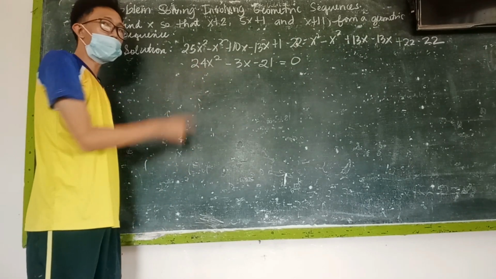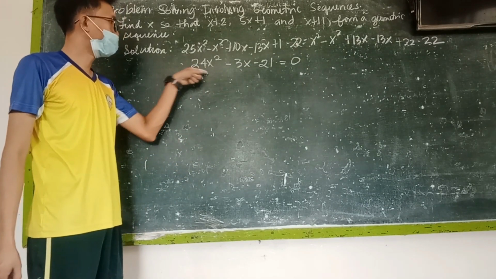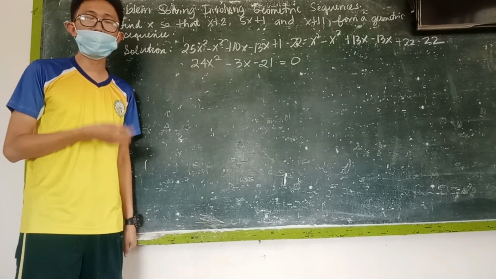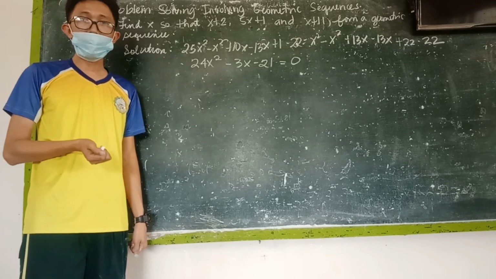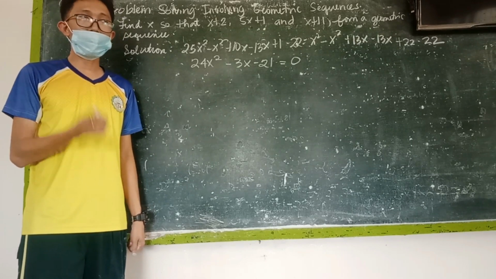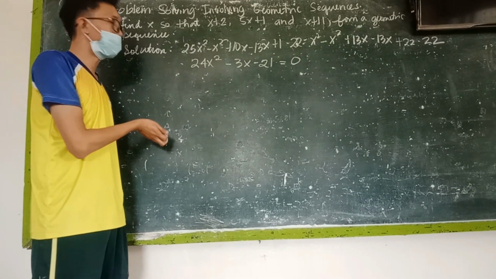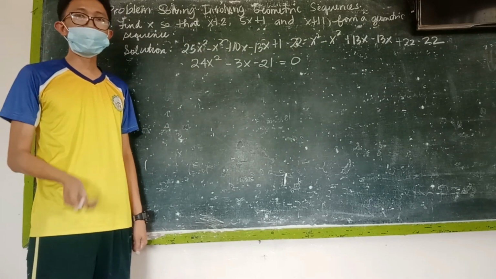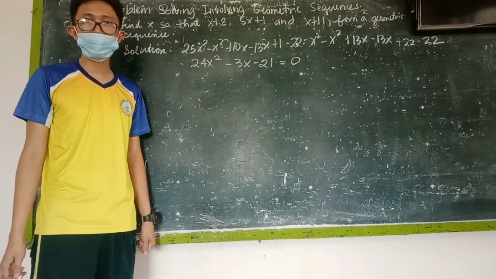Now, we will get the roots of 24x squared minus 3x minus 21 using the three methods of getting the answers to the quadratic equation. So, through factoring, through completing the square, or through quadratic formula.